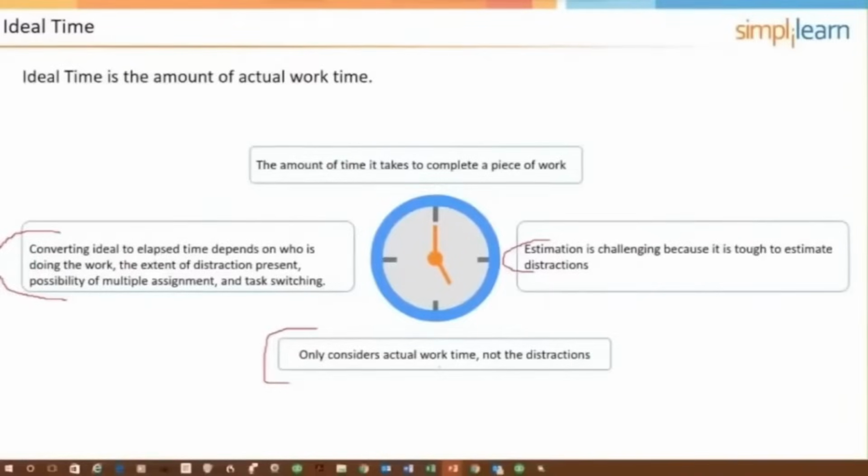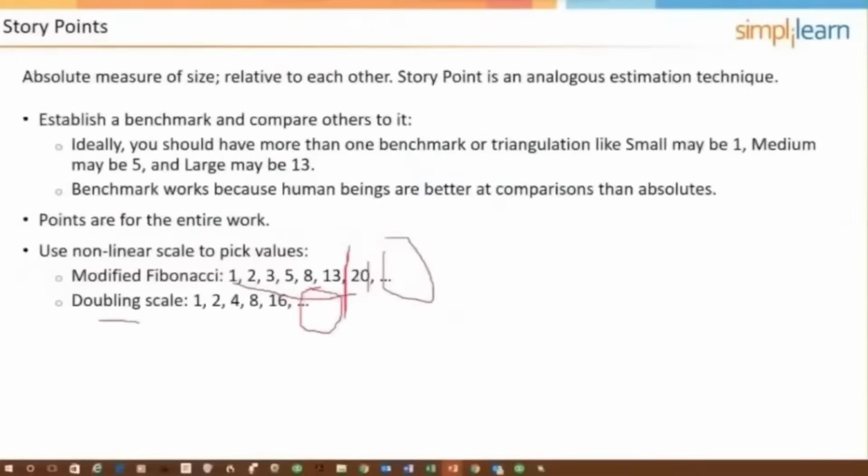Now, when it comes to user stories that we're using story points for, it is different. The points are for the entire amount of the work. And why might we need some extra time for a user story? Well, it's likely going to be driven by uncertainty. There might be other things that impact it, but that's the main thing.